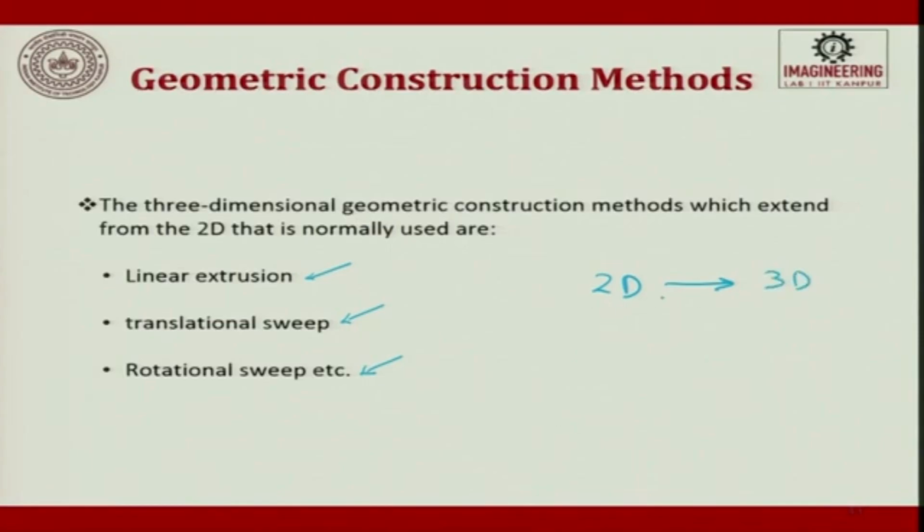While moving, we look at an intermediate step: draw the object in 2D and try to extrude, that is, pull the same object you have drawn in 2D in the z direction, or translate it.